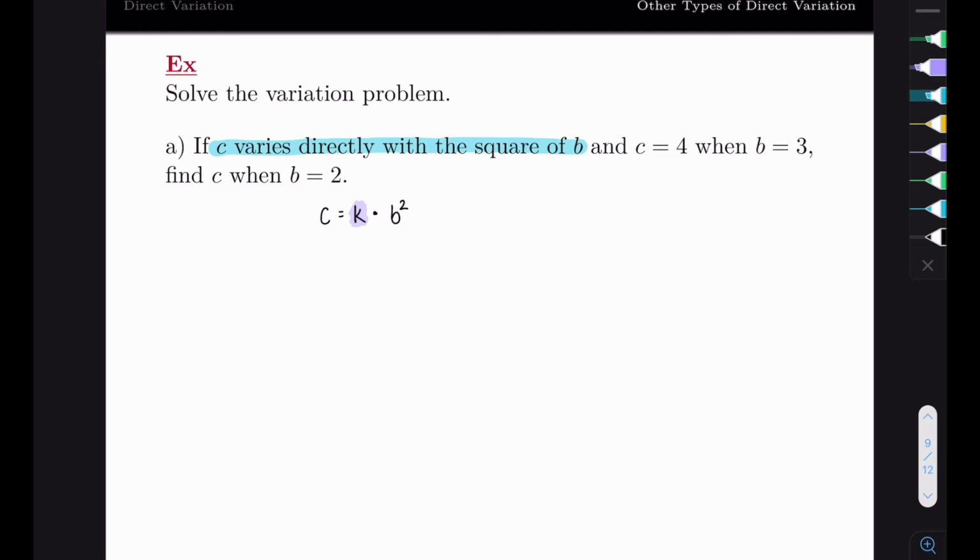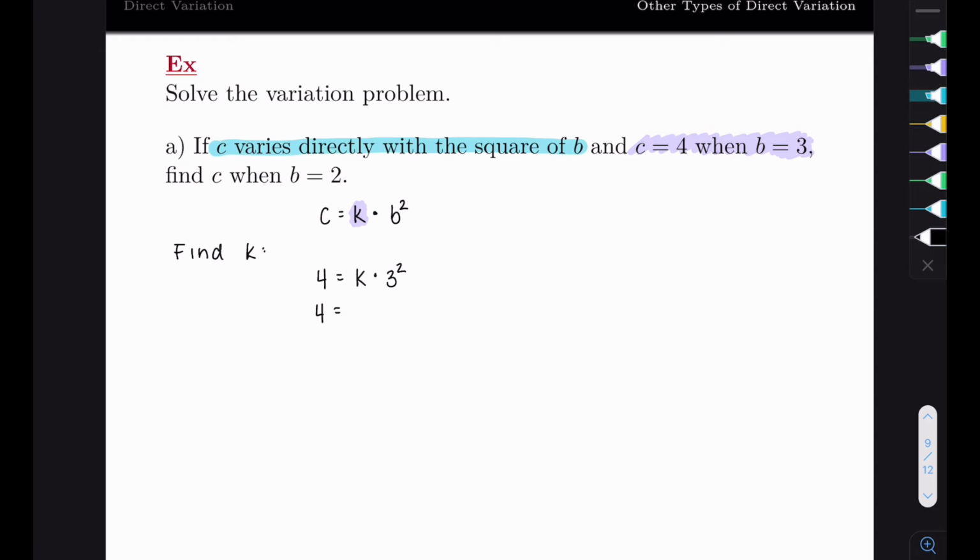And this is where we're going to use the next piece. So C varies directly with the square of B. And then we're also told C equals 4 when B equals 3. So this allows us to find K. So C is equal to 4 when B is equal to 3. So I plug those two pieces in.